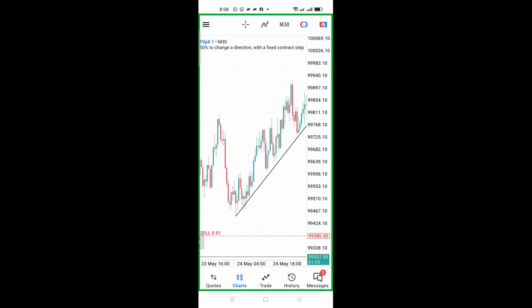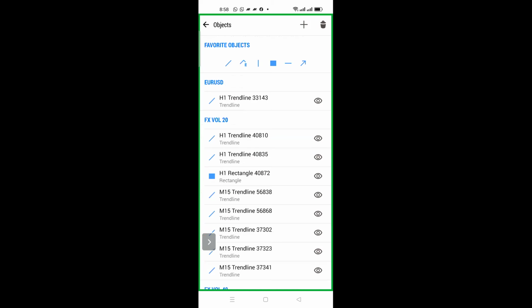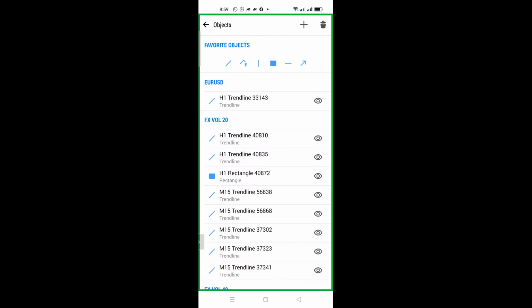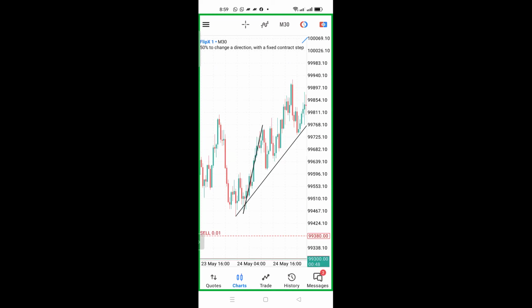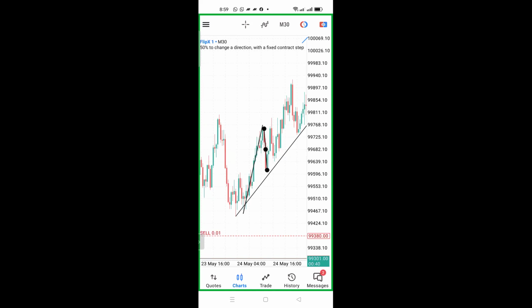But let me use trend line. Okay, so let's say this is a higher. This is one. This one will take time anyway. Okay, this is another one. This is another one.